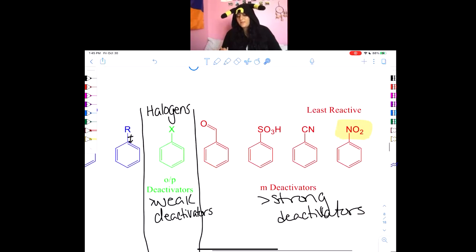And then here when we look at it, carbonyls are going to be strong deactivators, but they're going to kind of be the weakest of the strong deactivators. And then we have SO3H. And then we have CN. This one has a triple bond. And then we have NO2, which is the strongest deactivator. Super deactivating.